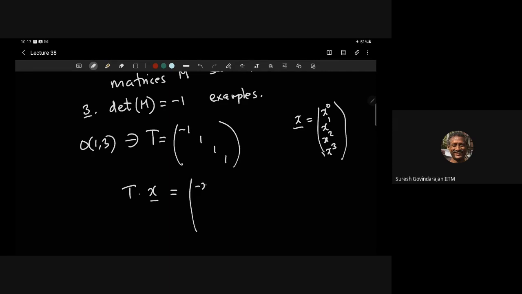It changes sign, and doesn't do anything to the others. So what is this operation? What is x0? Time. So we'll call this time reversal.